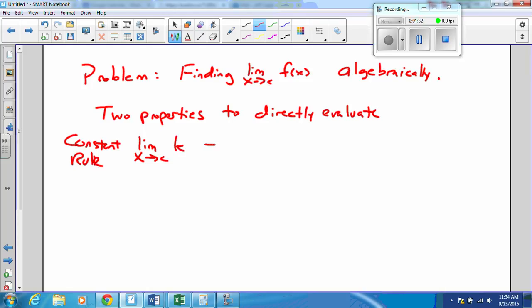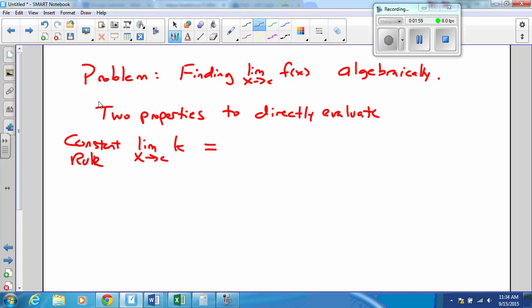It says that if f of x is any constant function, in other words, one that does not change when x changes, then there's only one possible value for that limit, and what would that value be? Not 0. If f is a constant function that does not change as x changes, give me a constant, Will.